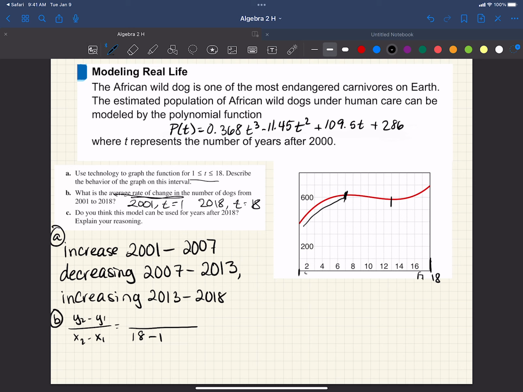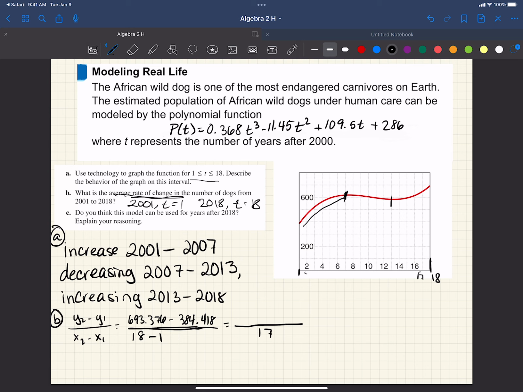Then on the graphing calculator, I would get 693.376 minus 384.418. Again, these numbers are all in your textbook, so if you have problems reading it from the notes, you can just get the information from there. So then I would have 17 on the bottom.